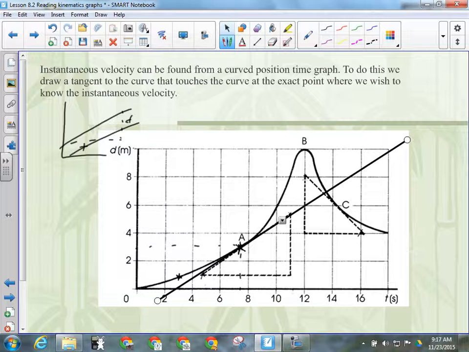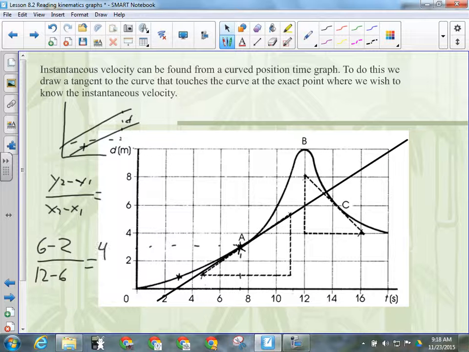All right, so if I want to find the instantaneous velocity at point A, I'm just going to find the slope of my line there. So I'm going to go y2 minus y1 over x2 minus x1, because I don't know what b is. It's below the line here. So that's going to be 6 minus 2 over 12 minus 6.